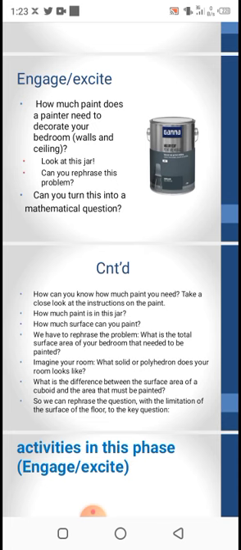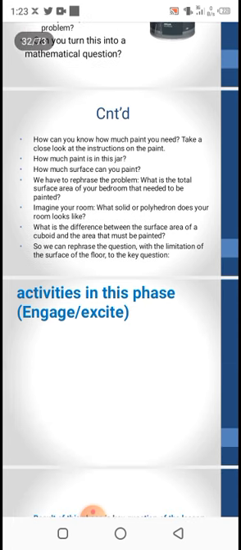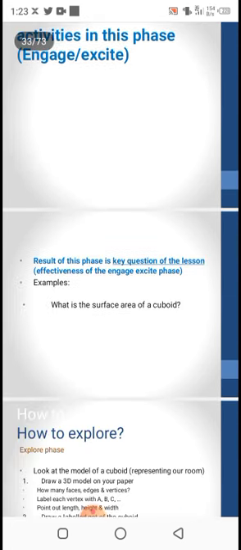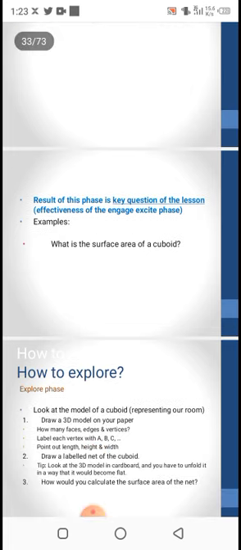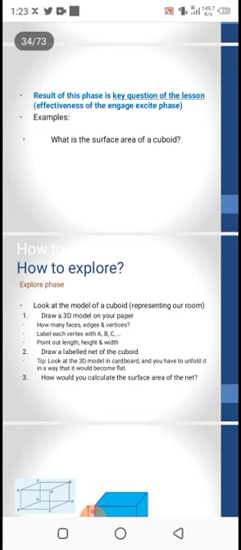Firstly, engage them. The activities in this phase engage or excite. The result of this phase is the key questions I told you above. These are the key questions of the lesson. Examples: what is the surface area of a keyboard? These are the questions that can engage your learners. Okay.